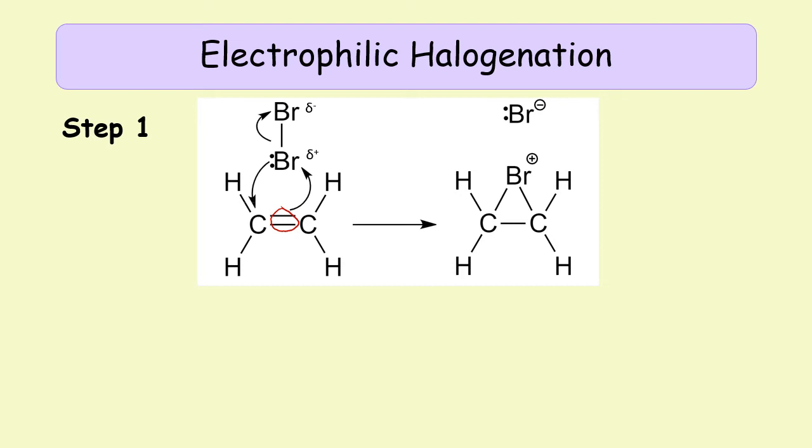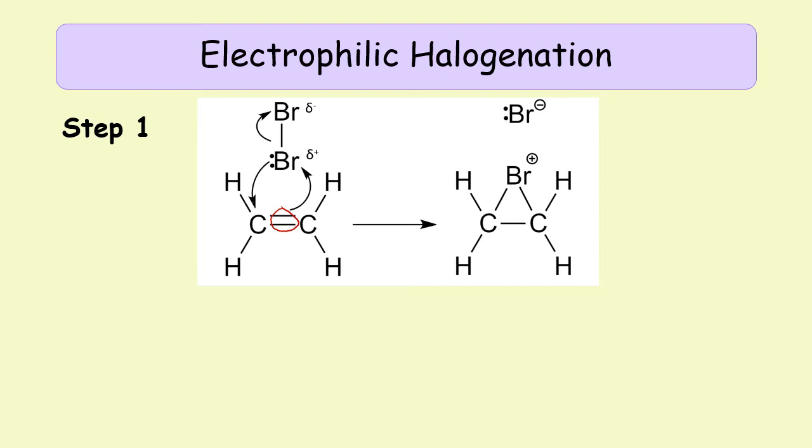What that does is it will push electrons away from the bromine atom that's close to it, and those electrons will move from that bromine atom closer to the bromine atom that is further away from the double bond, making that normally neutral bromine molecule polar. Once that bromine atom is polar, we get a system where the carbon-carbon double bond attacks the delta positive bromine.